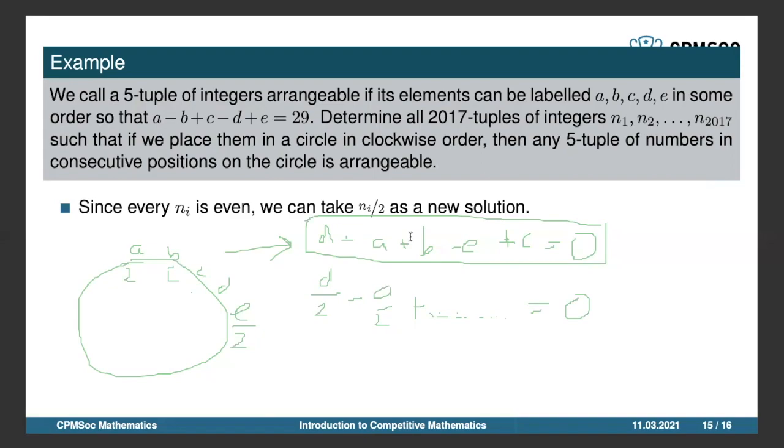So what it says is that if you divide these numbers by 2, the 5 adjacent numbers that were previously arrangeable will still be arrangeable. So if we divide every single number in the circle by 2, then we will get a new solution where every number is half of the corresponding number in the previous solution. So we can shrink the old solution to get a new solution.